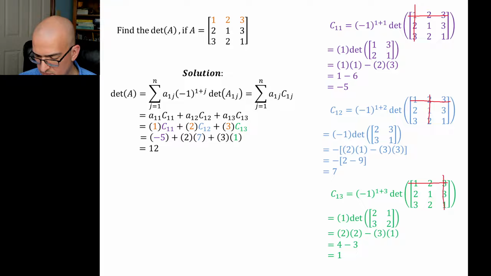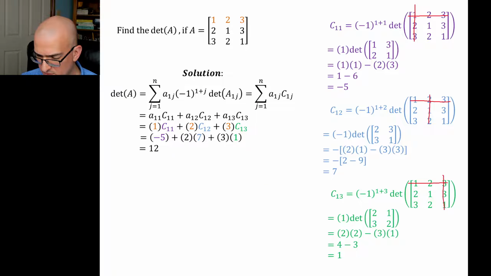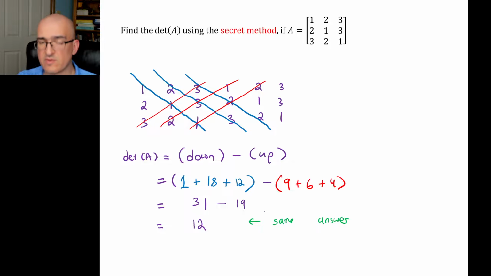Oh, I guess not. Never mind. Oh, of course not, because you can pick any row, any column. No, you can't show that. But you can show that this method is always going to give you the same outcome as the cofactor calculation. Different intermediate steps, but same final answer.